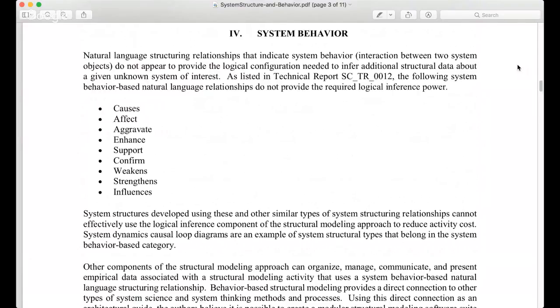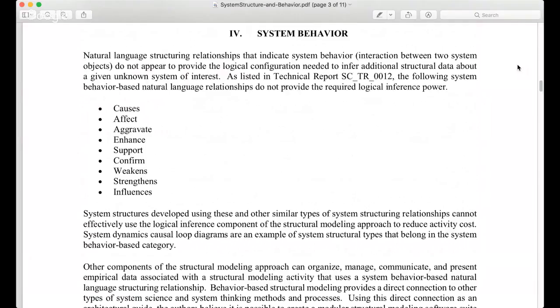And in this case, what we find is we have some issues with the logical scope, because most of the system behavior types of natural language relationship is just between two objects. You can't guarantee that it goes to all the objects in a global kind of logical field.